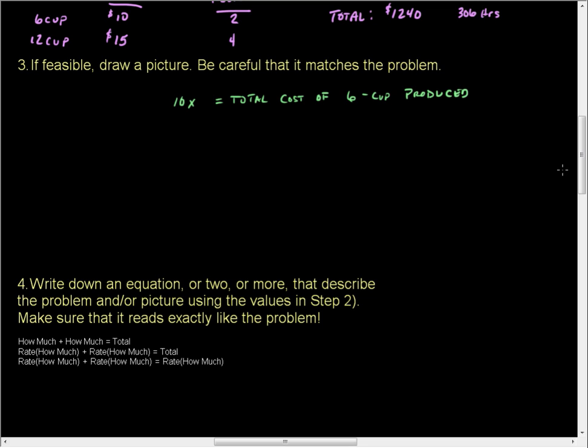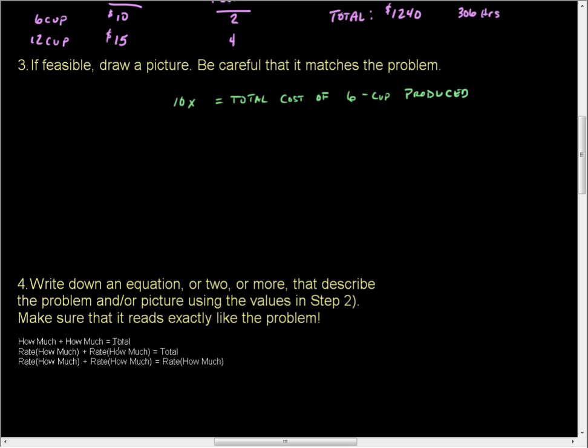Very typically you'll have 2 of these 3. The first one is how much plus how much is a total. This is usually done with counting. For instance, if you're saving dimes and nickels and you have a total of 27 coins, that means if you take the number of dimes and the number of nickels and add them together, you get 27.